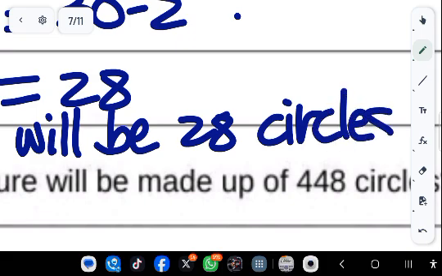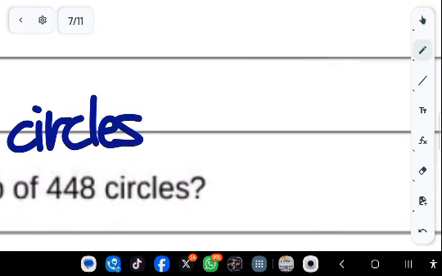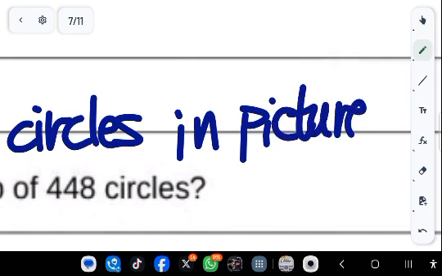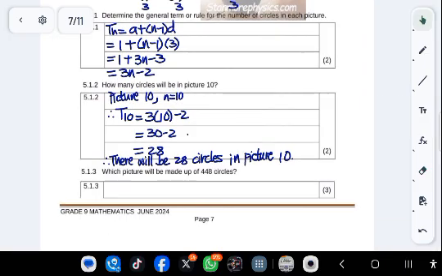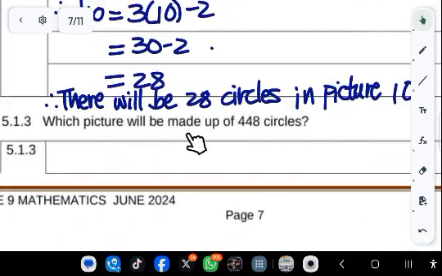And this is how easy it is to work with patterns, if you know and understand the rules of the patterns, which are very easy to understand. That is why I teach this as soon as I possibly can in the grades. Which picture will be made up of 448 circles?